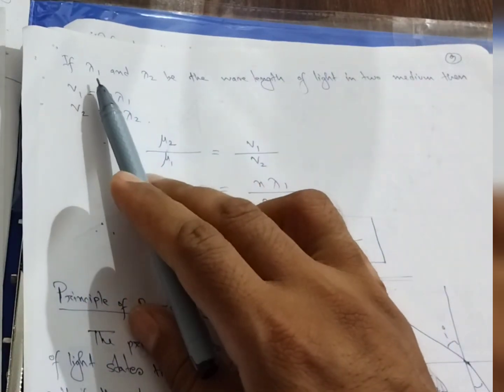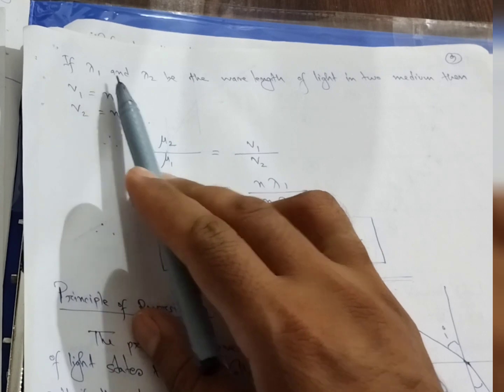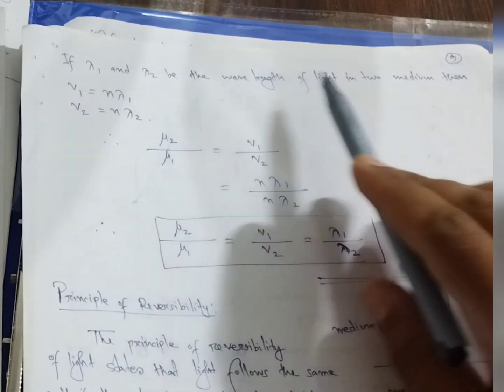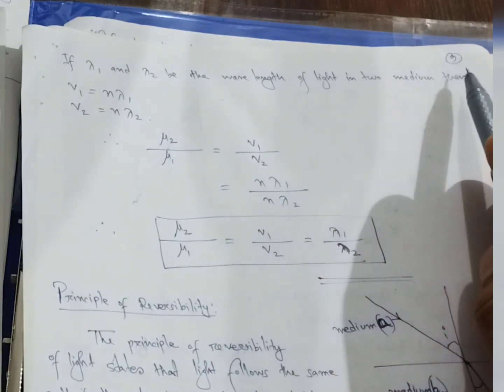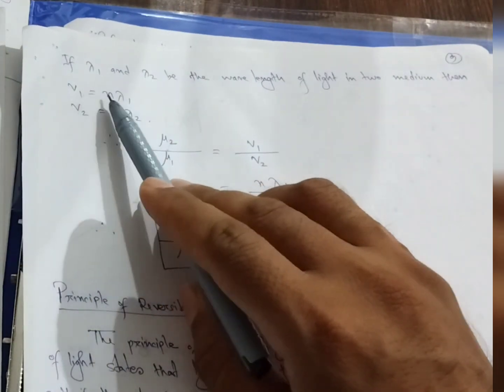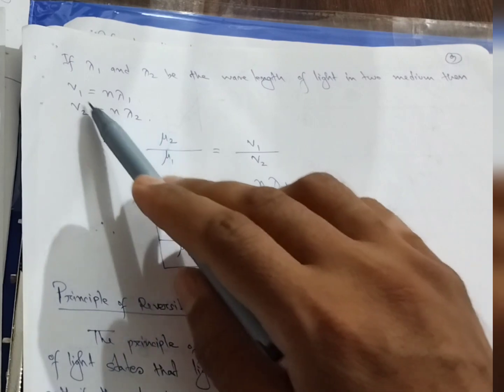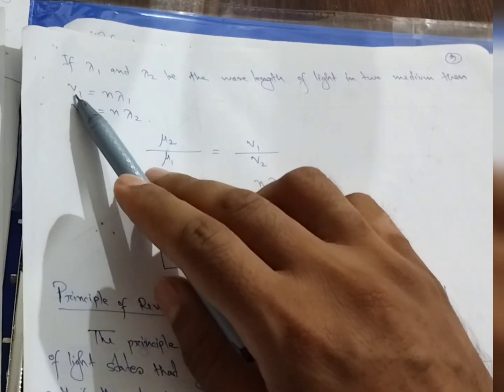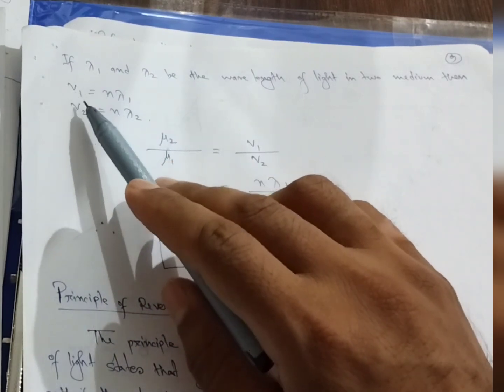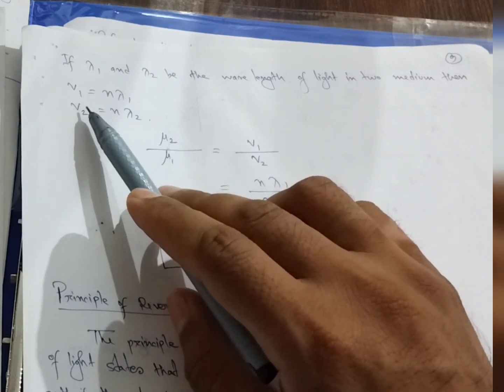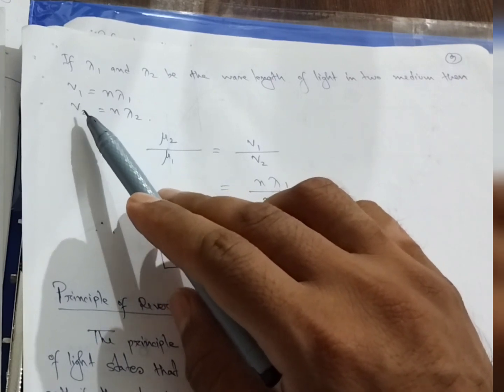Again, if lambda1 and lambda2 be the wavelength of light in two media, then v1 is equal to n lambda1 and v2 is equal to n lambda2. So v1 was the velocity of light in medium 1 and v2 is velocity of light in medium 2.